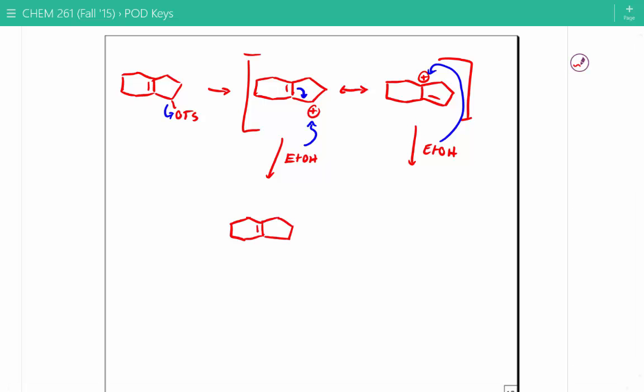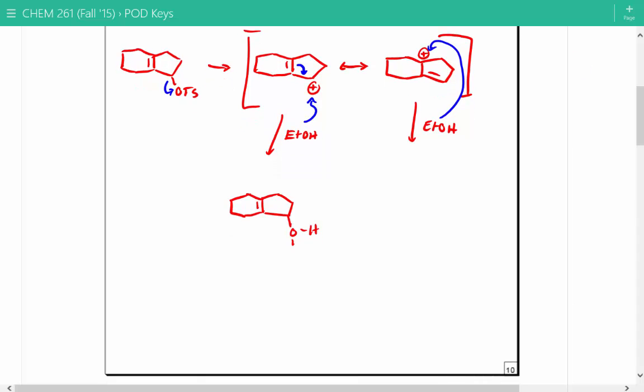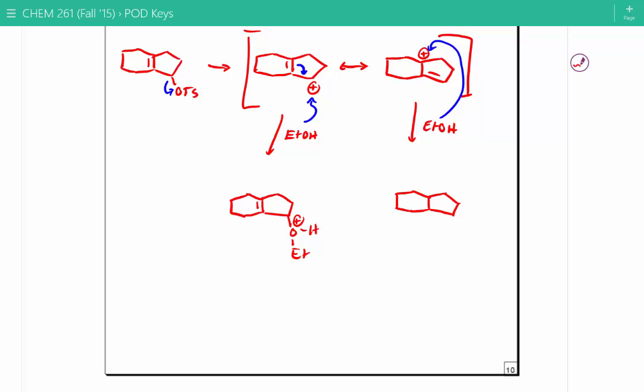So let's do this one first. There we go. And with this one, we've got another intermediate product where now our double bond is right here. What could do the last deprotonation to give us our product?